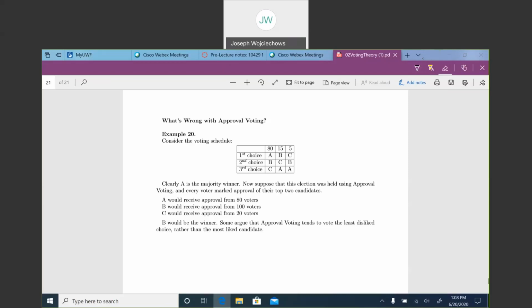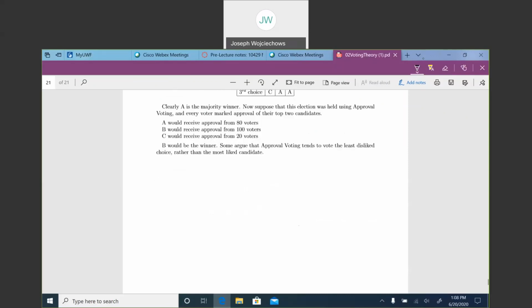In this case, A would receive 80 votes, because nobody else preferred it. B would receive 100 votes, because B is either first or second in all of them. And C would receive 20 votes, second here, first here. So in this case, B would be the chosen candidate.